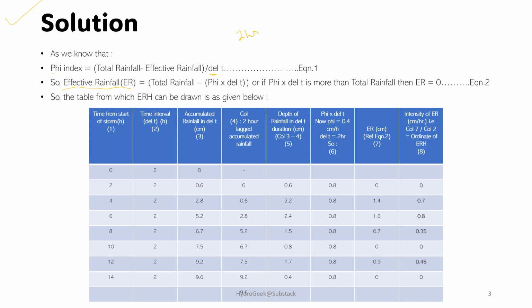But note down, if Phi into del T is more than the total rainfall value, then we will assume that ER is 0, because effective rainfall can never be a negative term. Rainfall cannot be negative. So if Phi into del T is more than total rainfall, we assume that ER is 0.